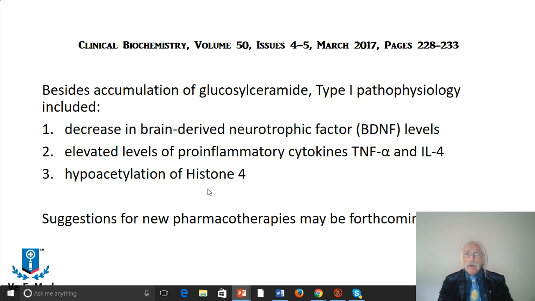Now, one other element here, which is very interesting, which this paper talks about. I'm not going to go into detail here because I've been promising for a while that I'm going to do a nice lecture on epigenetics. But another thing we see in Gaucher type 1 is a hypoacetylation of histone 4. I've talked about this in a few other lectures, and I'm not going to go through all the details, but of course, histones associated with chromatin in the nucleus, when they become acetylated, that opens up the chromatin both for replication and for nascent transcription.